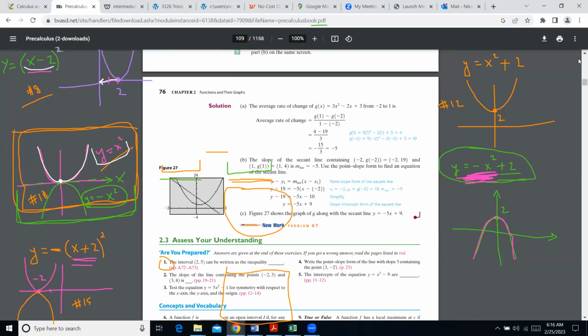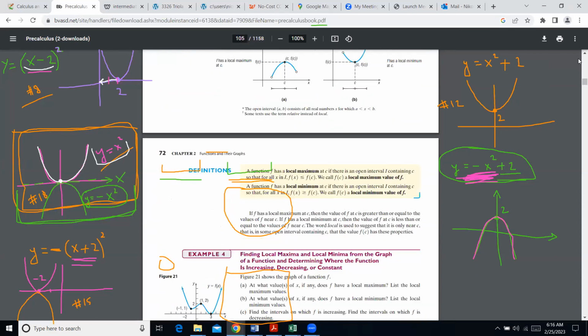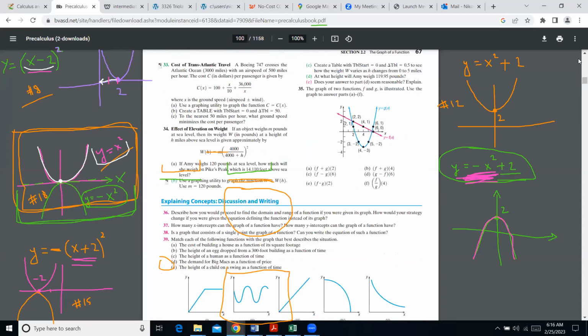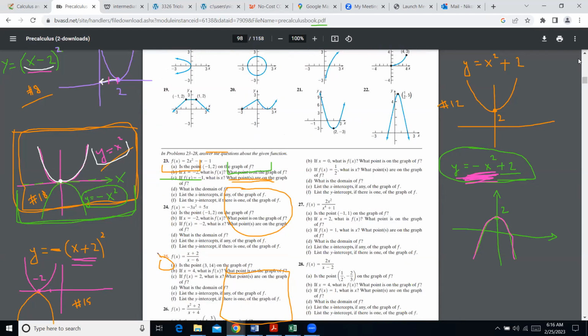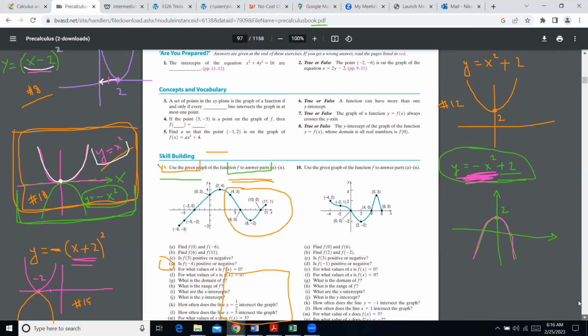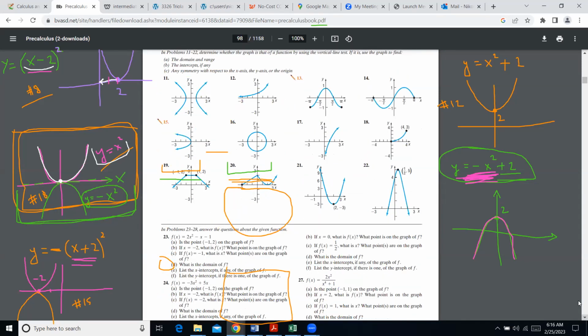So 2.3 we're skipping, so 2.2. Let's look at the graphs in 2.2, actually in the skill building exercises. And what I want to consider is a couple of problems that deal with the so-called vertical line test. That's the main idea.